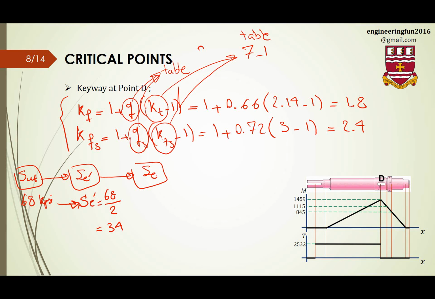And Se will be Se prime times the Marin factors ka, kb, kc, kd, ke, kf. This is lowercase k, and this is uppercase K, so they are different.